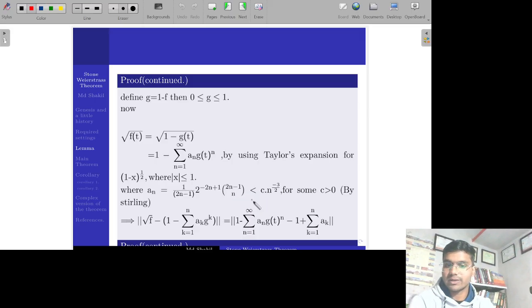It is equal to (2n minus 1) factorial by n factorial times (2n minus 1 minus n) factorial.